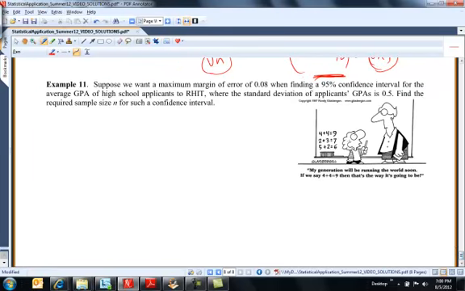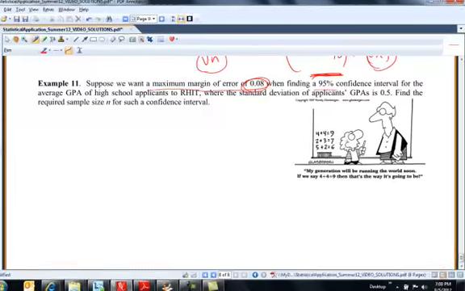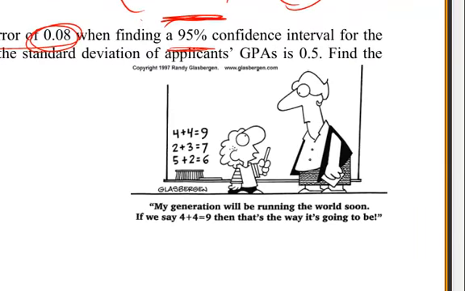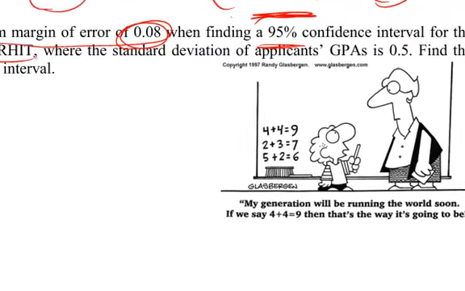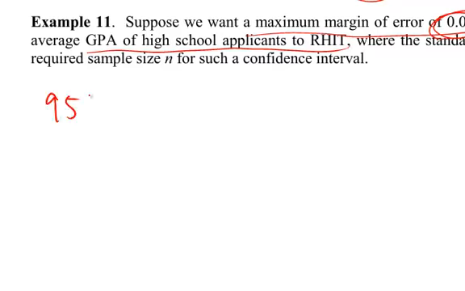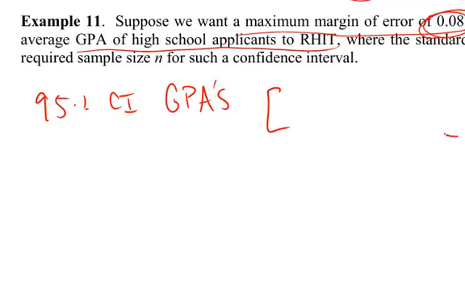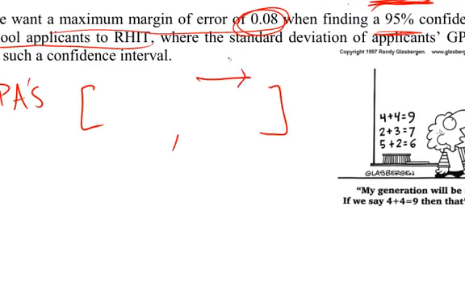And let's do this last one. Suppose we want a maximum margin of error of 0.8 when finding a 95% confidence interval for GPA of high school applicants. So I want a 95% CI for GPAs, and I want the margin of error in one direction to be at most 0.8.